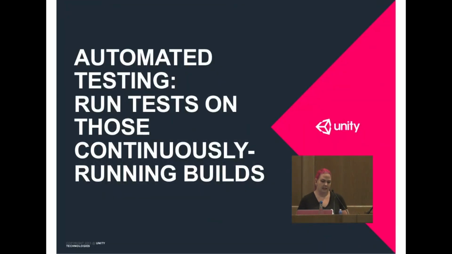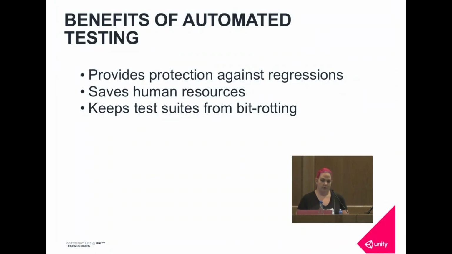So the next to last thing is automated testing. This is the automated execution of tests on your continuously running builds. Probably most of you are familiar with automated testing and some of the benefits, but I'll just cover it briefly. So why would we want to do this? Well, an obvious answer is that it helps protect against regressions.